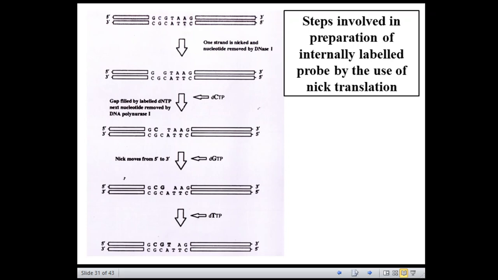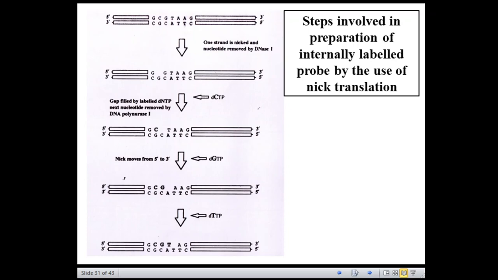Now here a low concentration of the enzyme DNase 1 is used to make occasional single strand nicks or breaks in the double stranded DNA, which is supposed to be used as the gene probe.